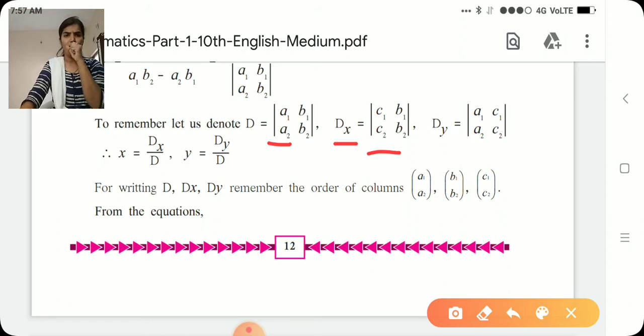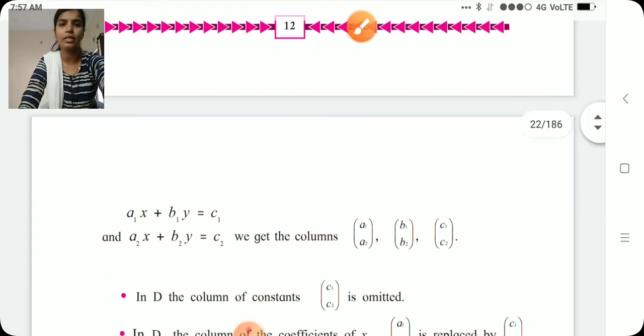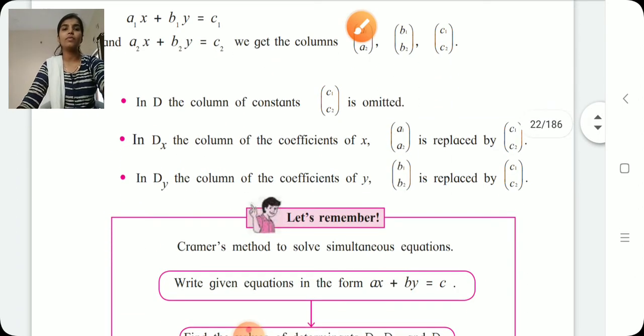Okay. Then you want to find out the Dy. In Dy we just replace the b1 b2 by c1 c2. Okay. So there are some rules regarding that, we will see it. In D, the column of constants, c1 c2, is omitted.